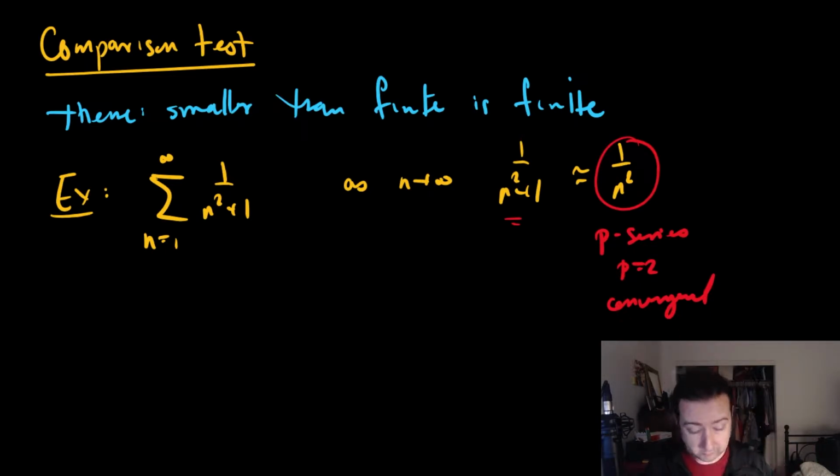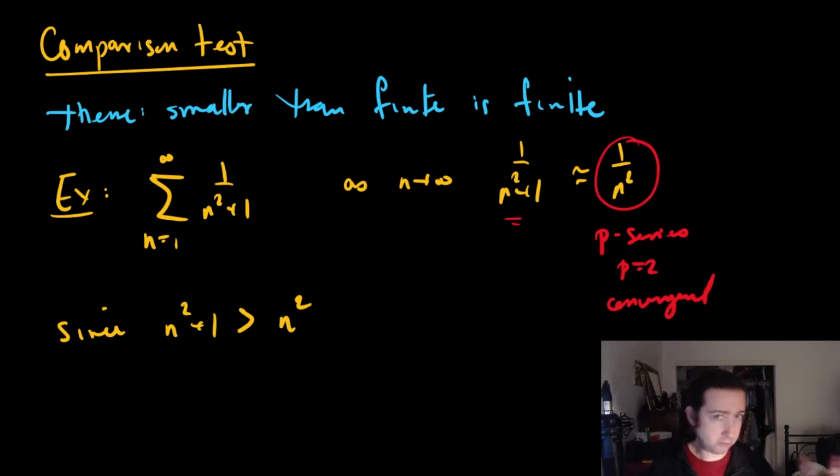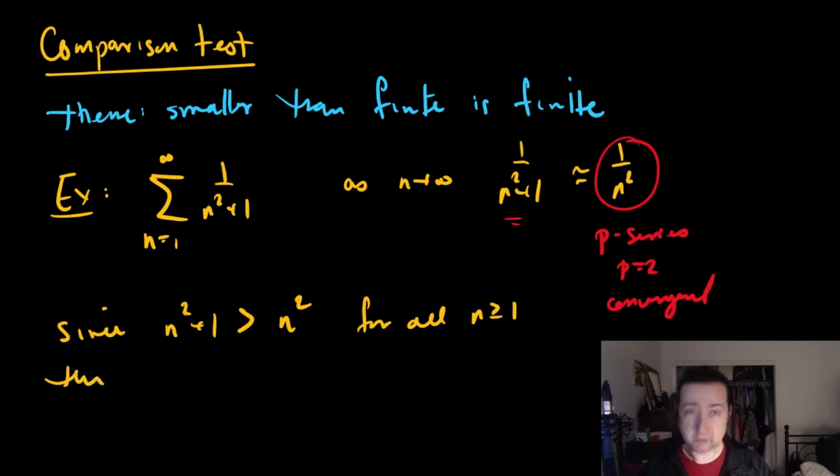And the explicit comparison we're going to make here is, since n squared plus 1 is bigger than n squared for all n larger than 1, then when you take reciprocals, you get the reverse relationship. So the idea here is that any partial sum of the series with 1 over n squared plus 1 has to be less than or equal to that same partial sum of the series 1 over n squared.